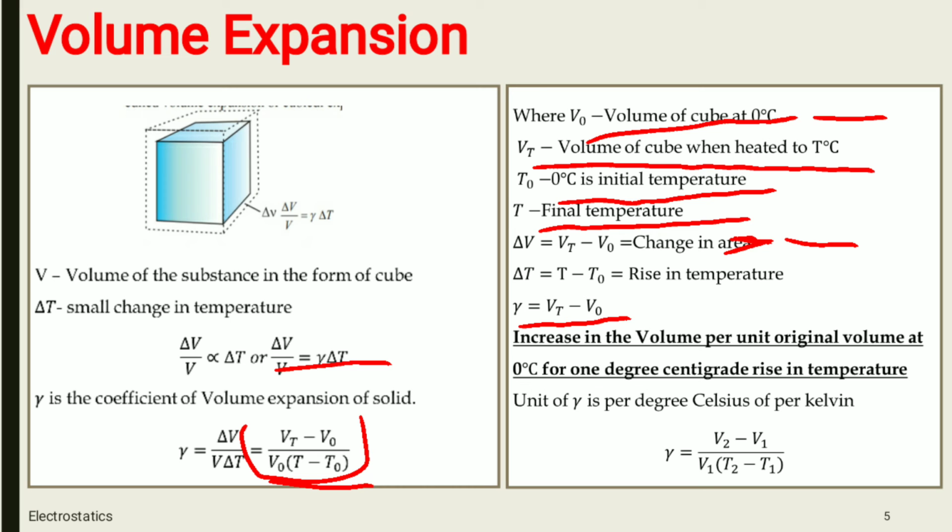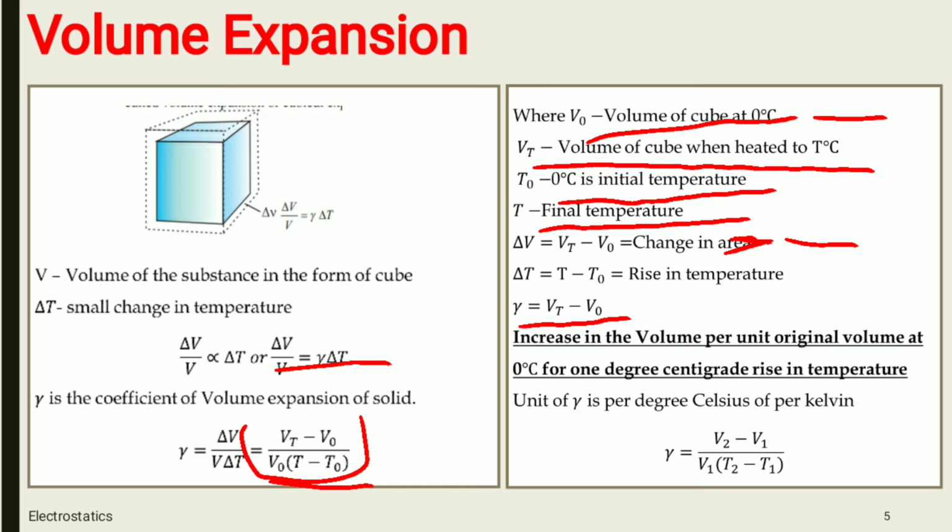And in this way, we can define volume expansion. The coefficient of cubical expansion of a solid is defined as the increase in volume per unit original volume at 0 degrees Celsius for 1 degree rise in temperature. This is the definition of the coefficient of cubical expansion.